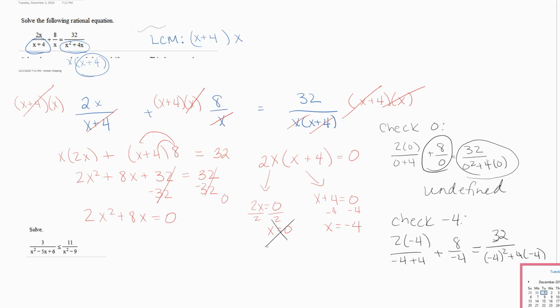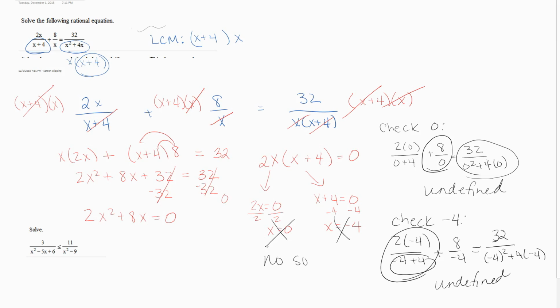And here again, this denominator, negative 4 plus 4, is going to be 0. So again, we're dividing by 0, and this one's also undefined. So negative 4 doesn't work either, and since neither of them work, we would say no solution. Okay, so that's the first problem.